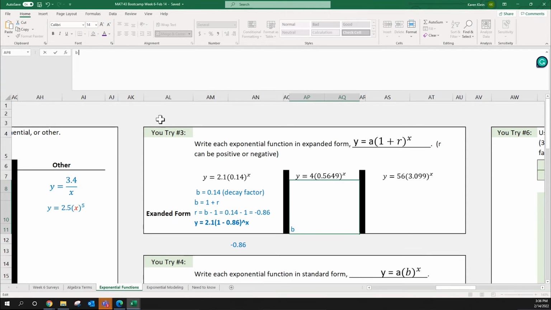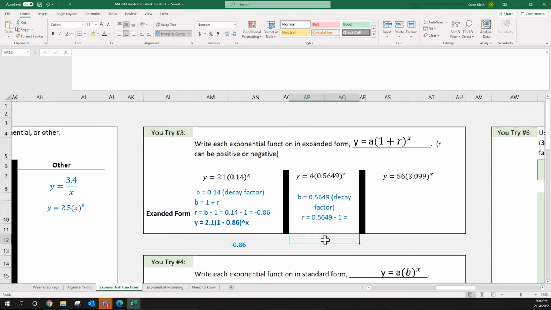Again, I have another decay factor, 0.5649. I know it's decay because it is less than 1. My r is going to be equal to that 0.5649. Subtract off 1. So 0.5649 minus 1.